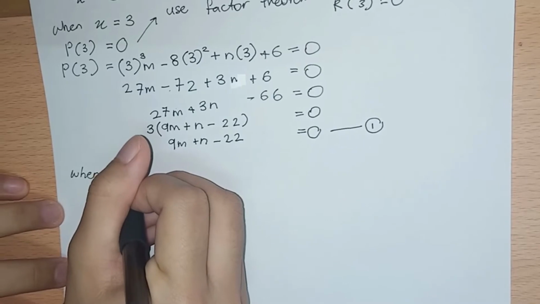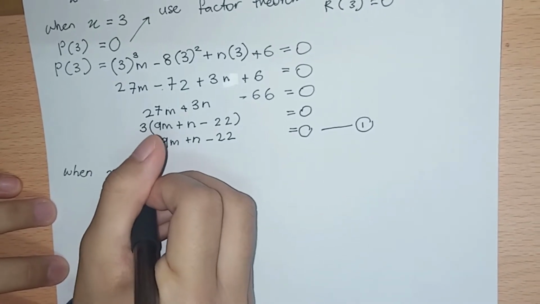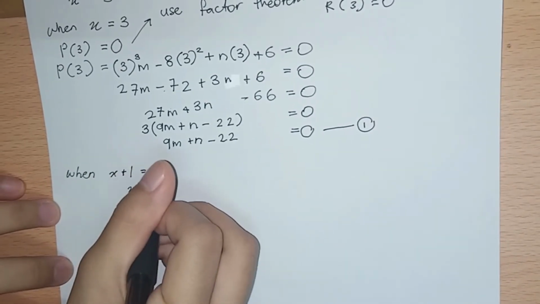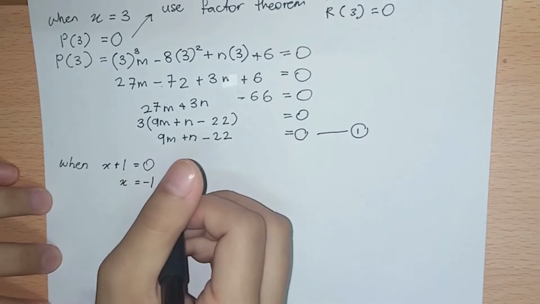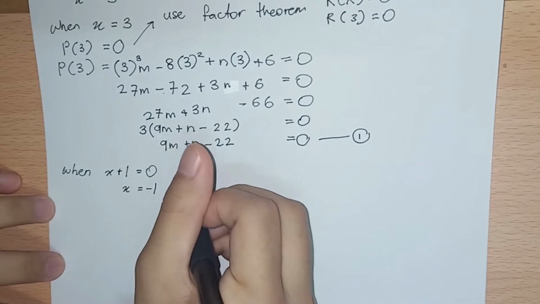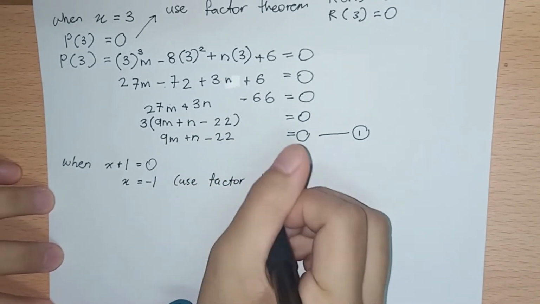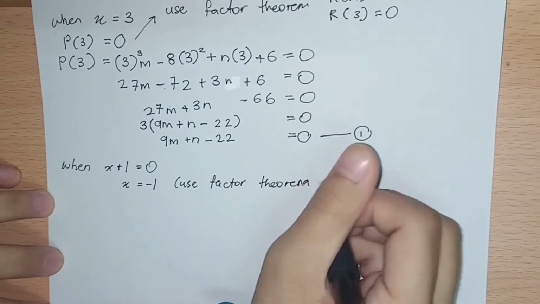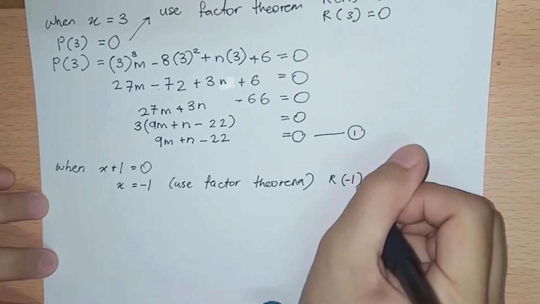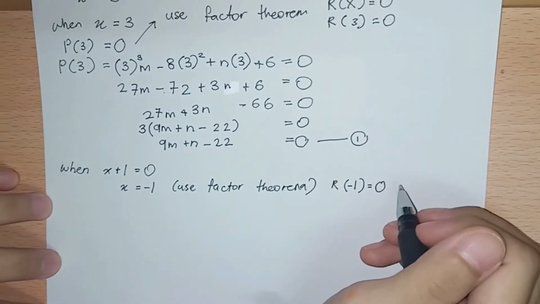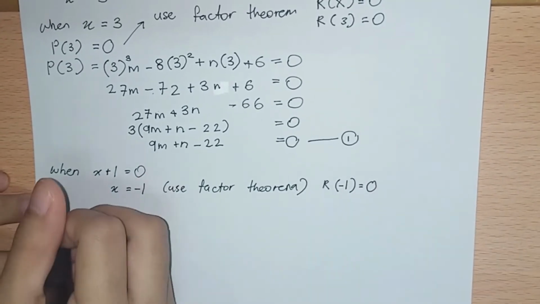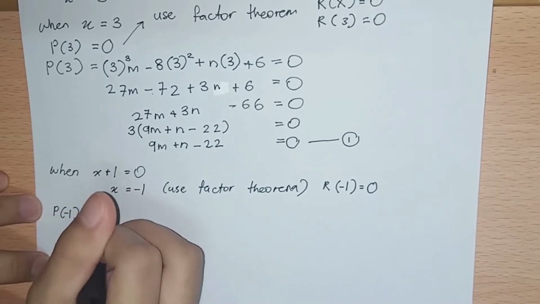When x + 1 equal to 0, which is the second factor, so x will be negative 1. Here we also use factor theorem, which means R(−1) equal to 0, is equal to P(−1) equal to 0.